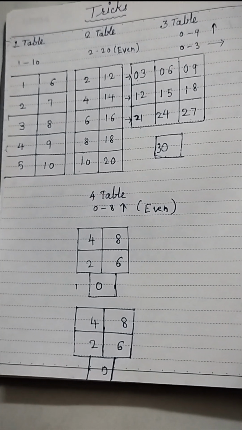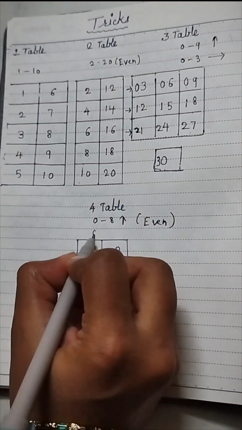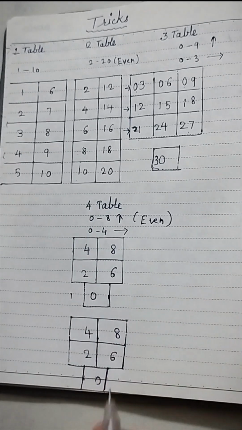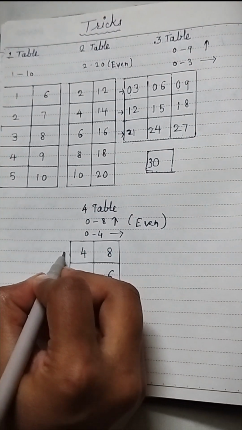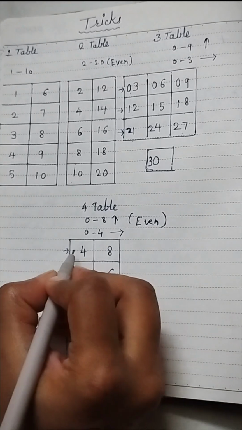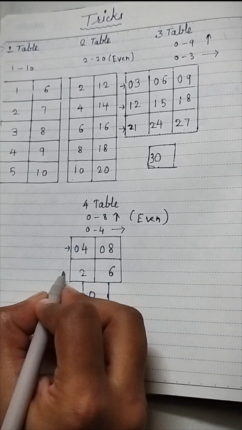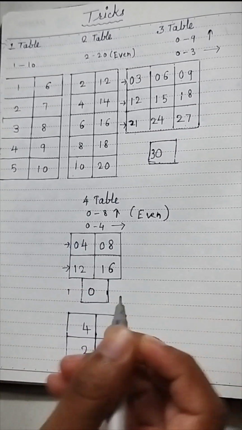So here is the second step also, that is now you have to take 0 to 4 numbers horizontally. So in the first row you have to take 0, 0, 0. In the second row you have to take 1, 1.